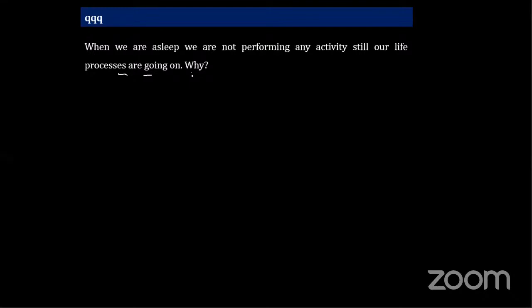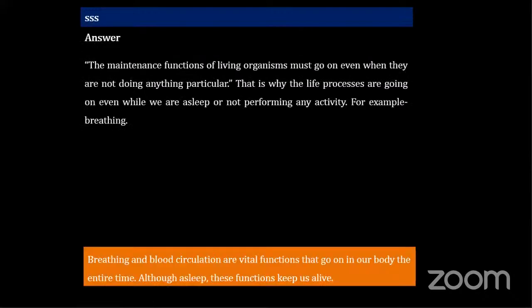While sleeping, we are not doing any activity, but processes like the heartbeat go on continuously. The maintenance functions of living organisms must go on even when they are not doing anything particular. And that is why the life processes go on even when we are sleeping.